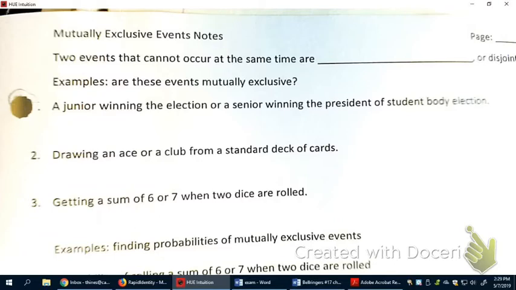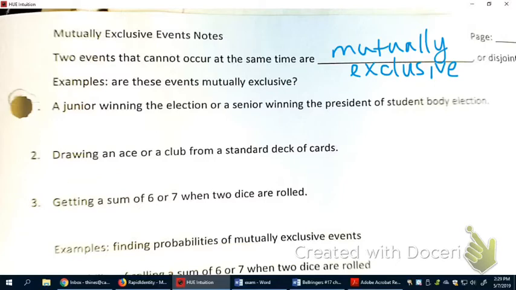If it's not mutually exclusive, the two things can happen at the same time, and that's sort of opposite of the words, but that's how it goes. So two events that cannot occur at the same time are mutually exclusive.